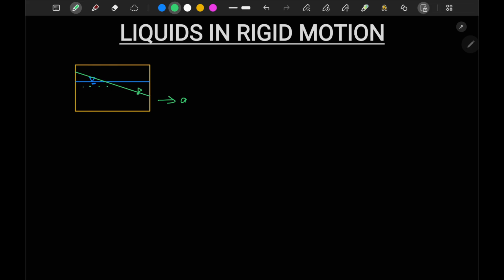Each and every particle inside the liquid has the same acceleration A in the forward direction. Now this entire fluid moves like a rigid body. If it makes this shape, it moves in this shape only, so this entire thing is a rigid body.